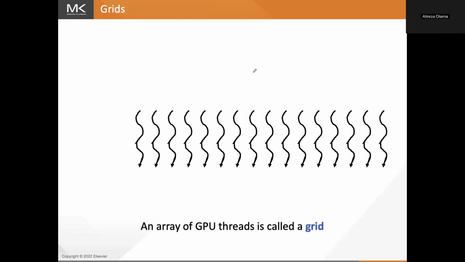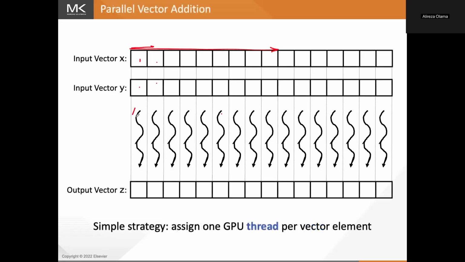Basically, when you call a function on the GPU, CUDA launches an array of threads called a grid, right? To perform this calculation that we have been talking about, you need to run n threads if you have n elements.